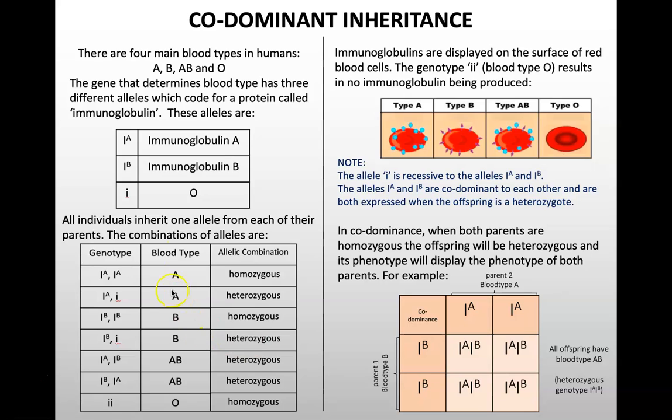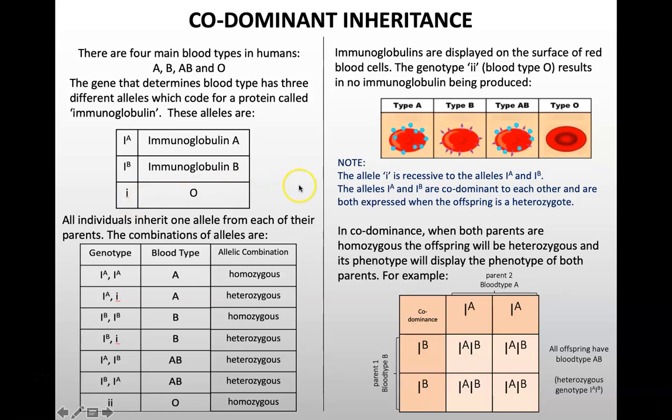These alleles are capital I, which stands for immunoglobulin, capital I with a superscript of A, so that's our blood type A. Then we have immunoglobulin B, and then we have our lowercase i.